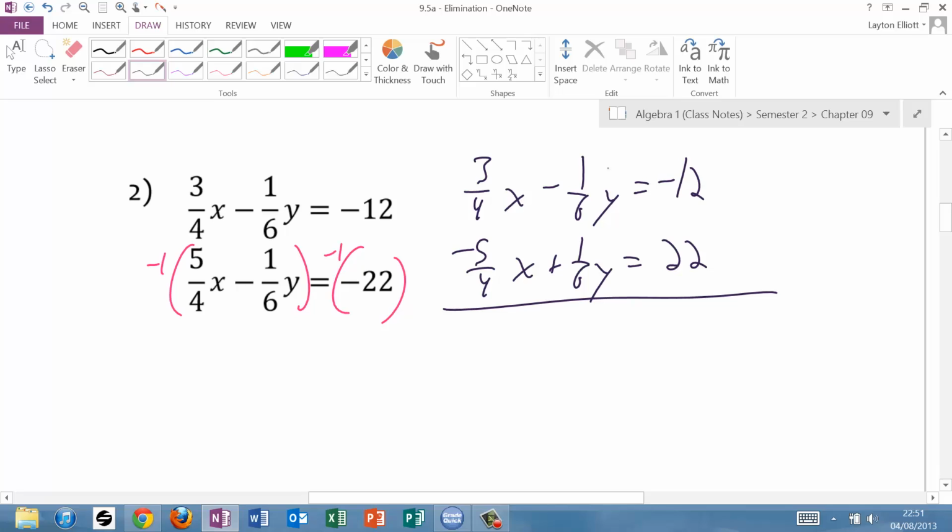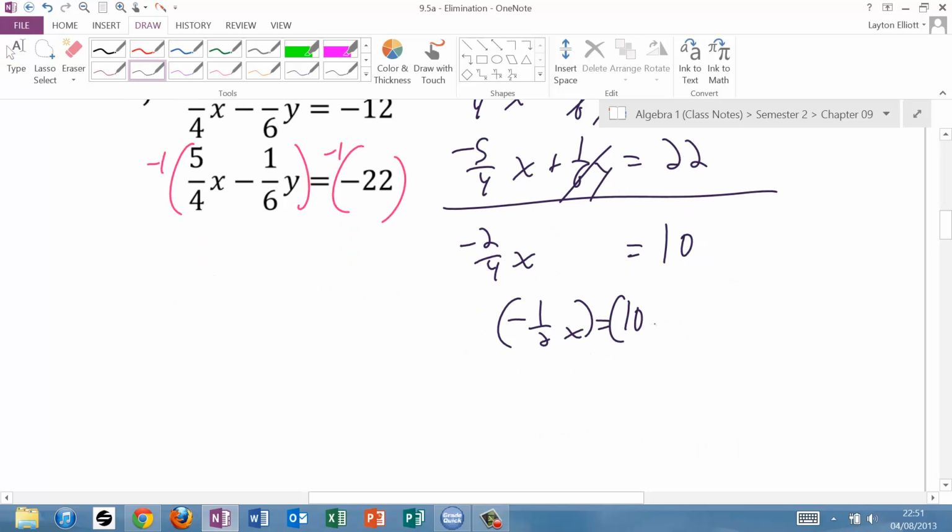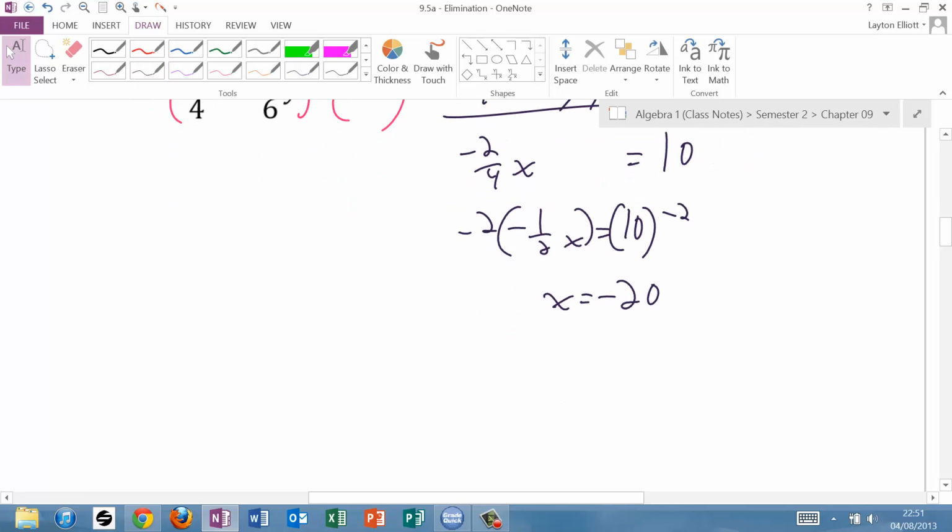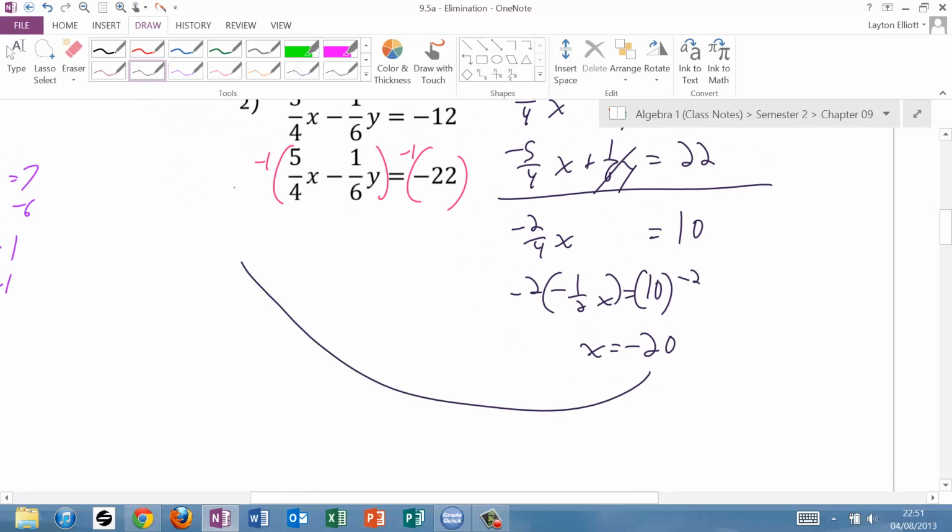Now I can add because these are going to eliminate, and I have negative 5/4 plus 3/4 is negative 2/4 x equals 10. Well, negative 2/4 is negative 1/2 x, and if I multiply both sides by a negative 2, I get rid of the negative 1/2. And you get x is equal to negative 20. Now, we're going to want to substitute back into one of the original two. I'll pick the first one.